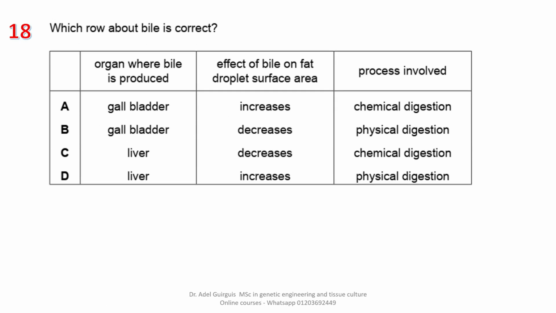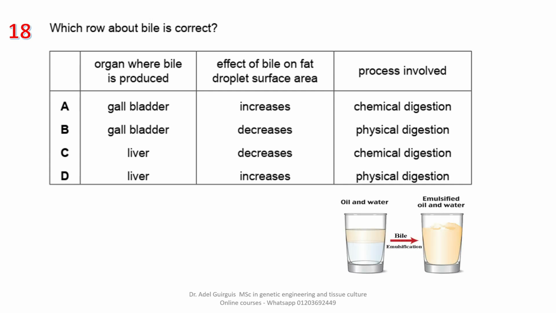18. Which row about bile is correct? Organ where bile is produced? Of course, the liver. Okay, the liver synthesizes bile juice from senile and old red blood cells. Effect of bile on fat droplet surface area: bile emulsifies fats and increases the surface area.